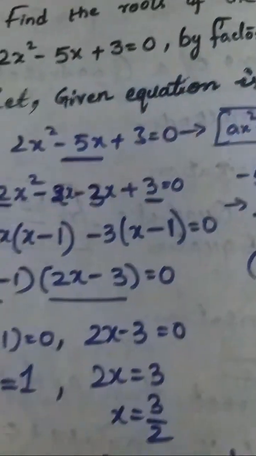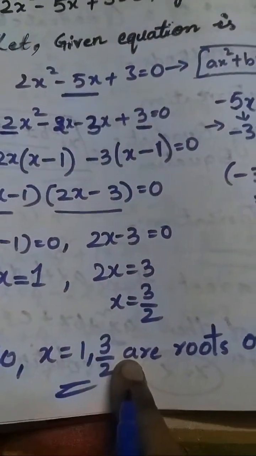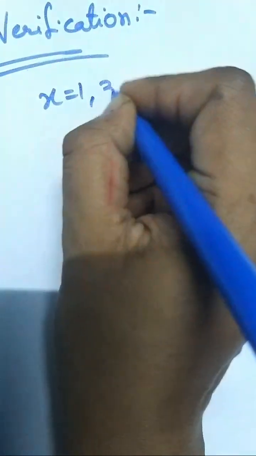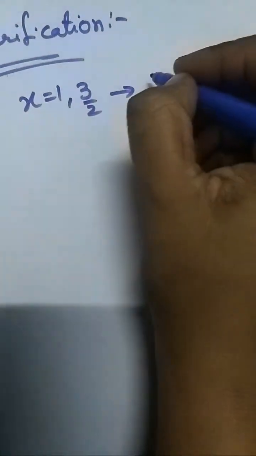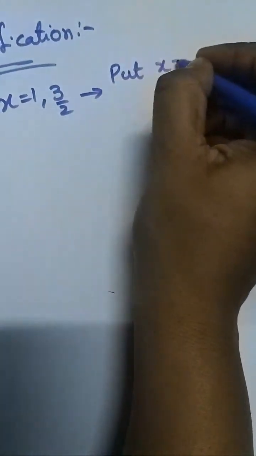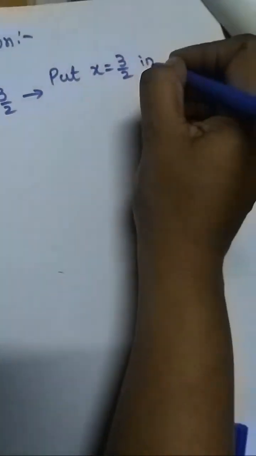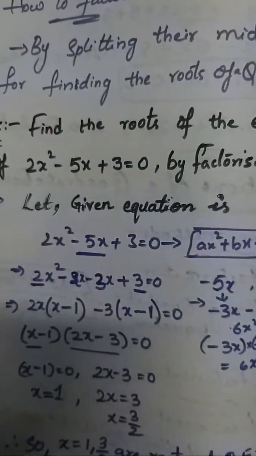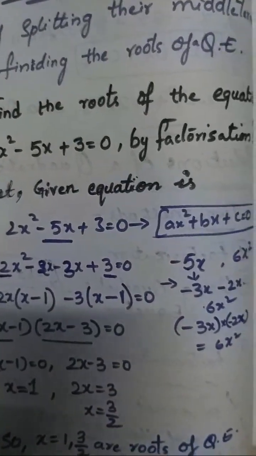Okay, we have to verify the roots. Using this verification part we can check whether the obtained values are real roots or not. So putting x equal to 1 comma 3 by 2 in the given equation. First put x equal to 3 by 2 in the quadratic equation 2x square minus 5x plus 3 equal to 0.